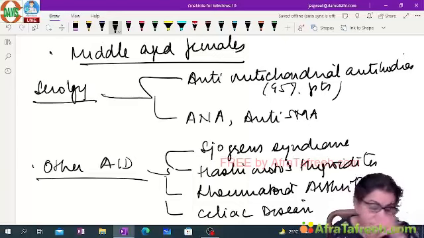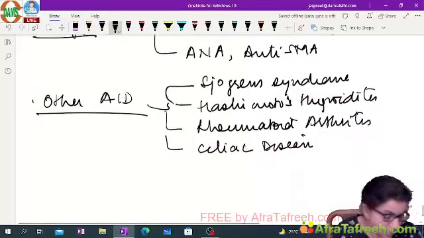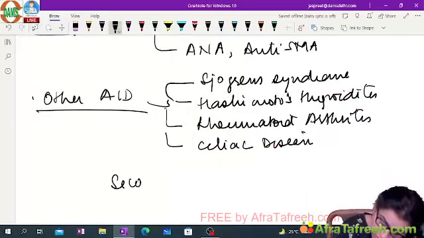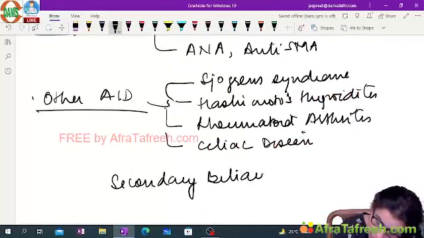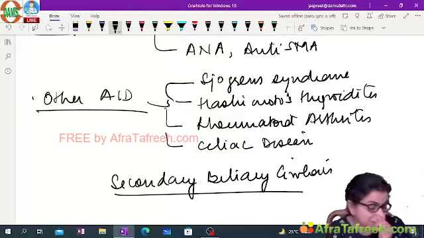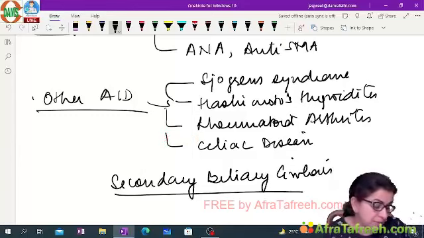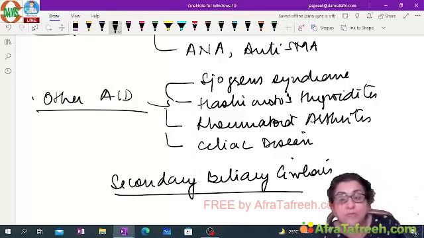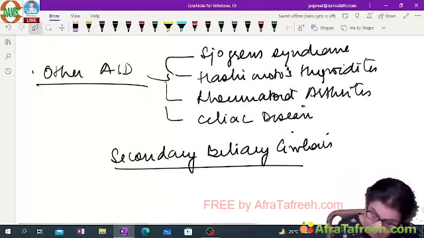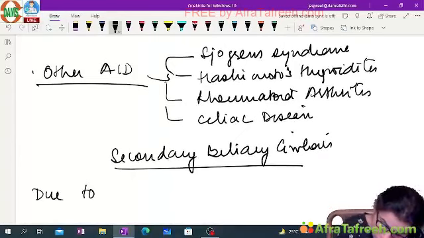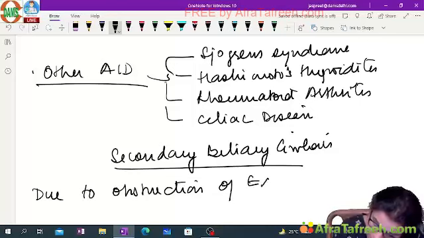So this is about primary biliary cirrhosis. Last is secondary biliary cirrhosis. We already know that in secondary biliary cirrhosis, the extrahepatic bile ducts are obstructed due to various reasons.